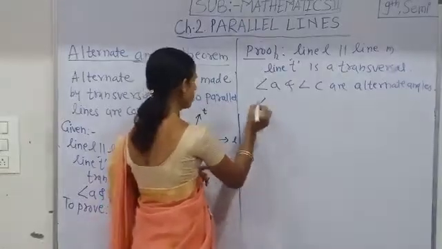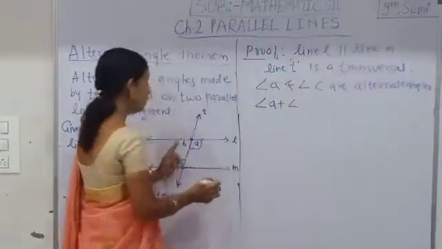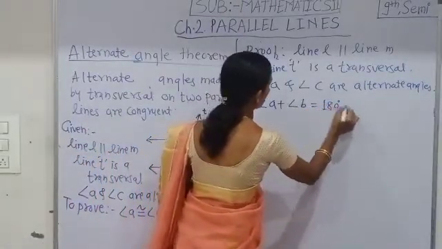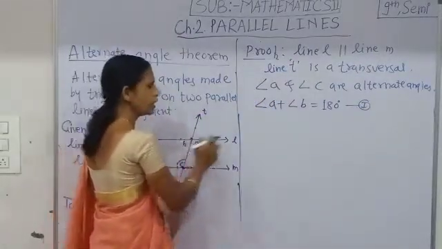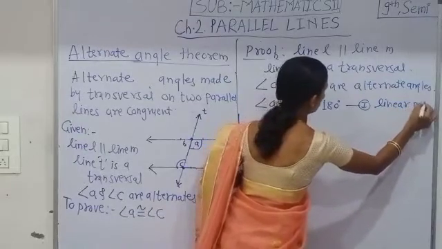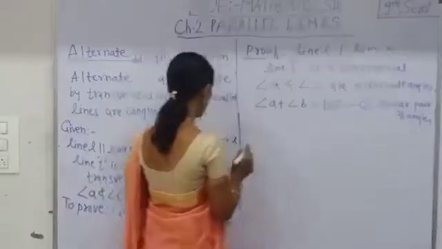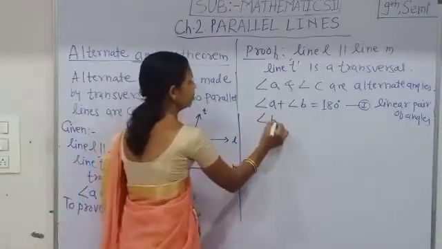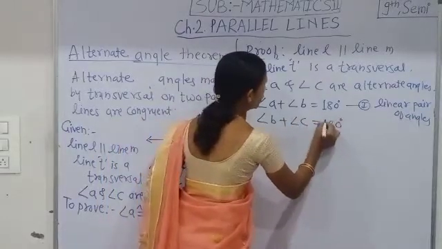See here, angle A plus angle B is equal to 180 degrees. Let this be equation number 1, because angle A and angle B are a linear pair of angles. Then angle B plus angle C is equal to 180 degrees.